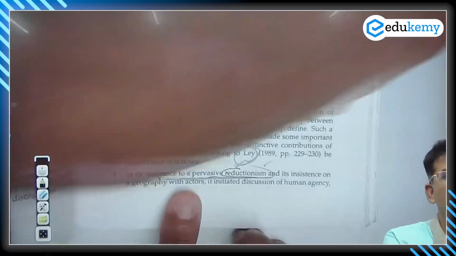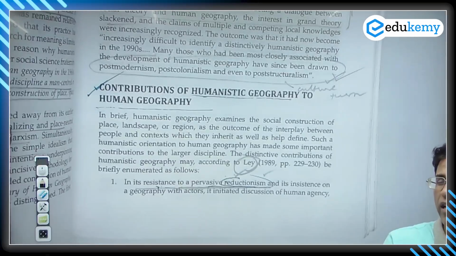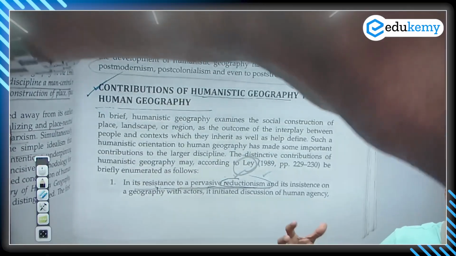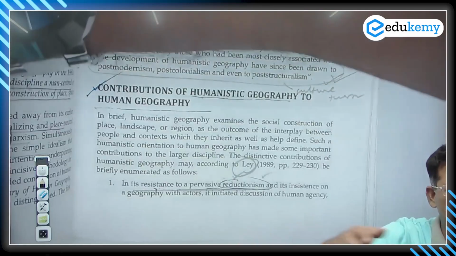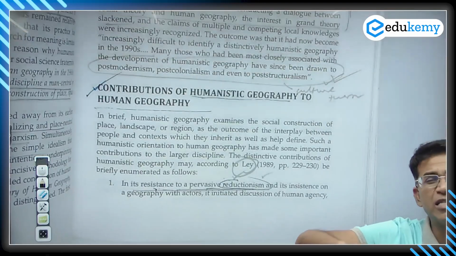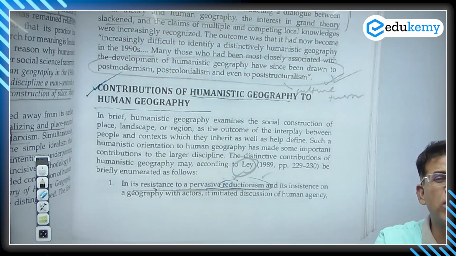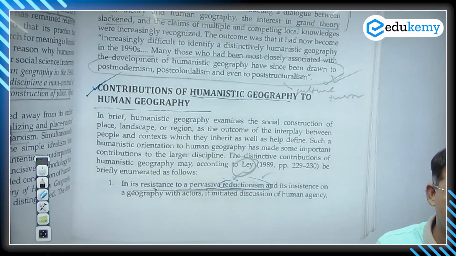I'm reading this out from page 167. See, what happened here was that geography combined everything. Earlier there was some dichotomy, human versus physical, that we will not study culture. There was too much reductionism in geography. Under humanist geography, it all gets combined.